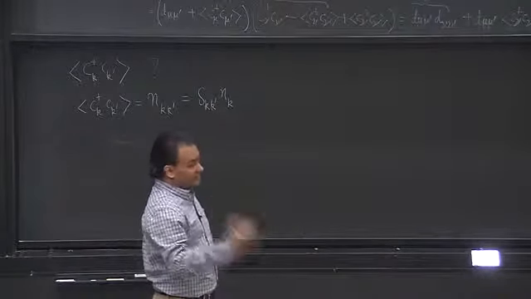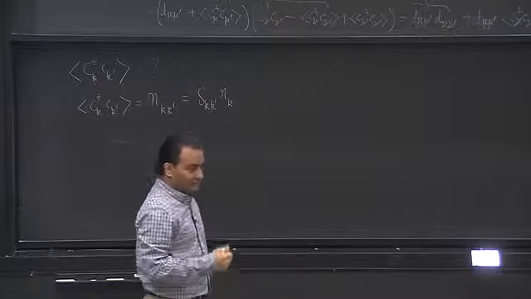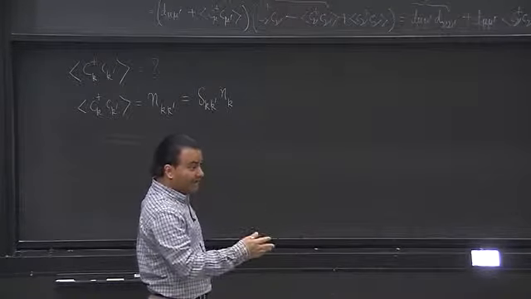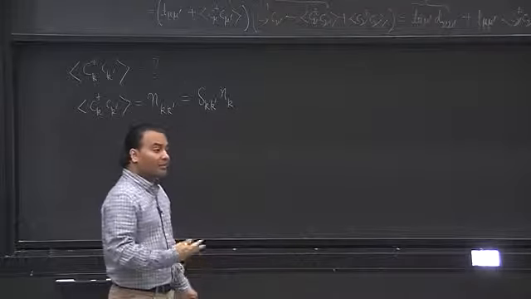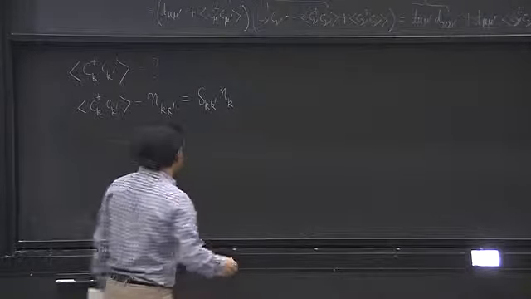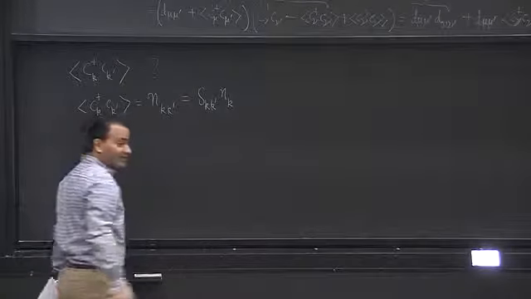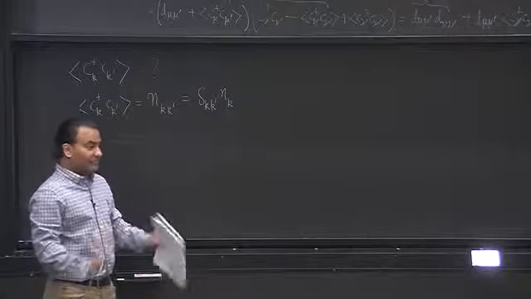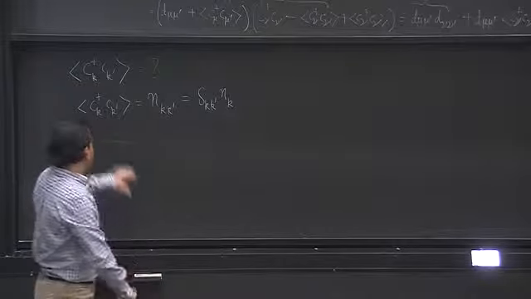Let's assume we restrict our discussion to the first Brillouin zone. In that case, k and k prime are both in the first Brillouin zone. It is possible that you have additional terms. So what I want to say is this is an approximation.